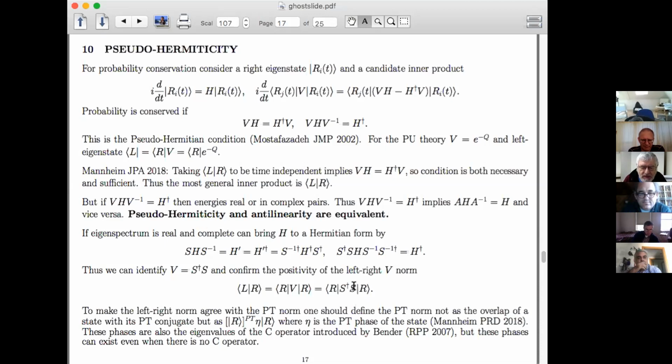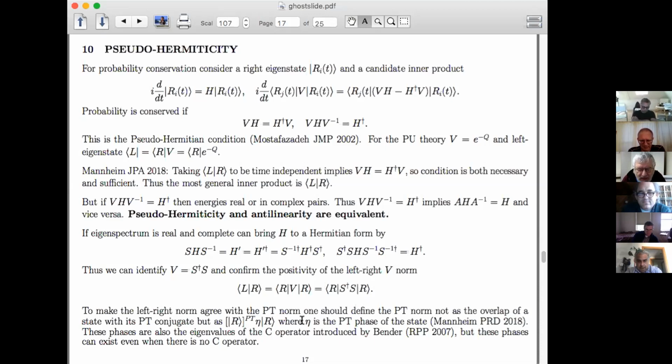Now the question is, is this the same as the PT norm? Now to make the PT norm agree with the left-right norm, you don't just take the PT conjugate of the ket, but you multiply it by the phase, the PT phase of the ket. And then that norm is the same as this norm.